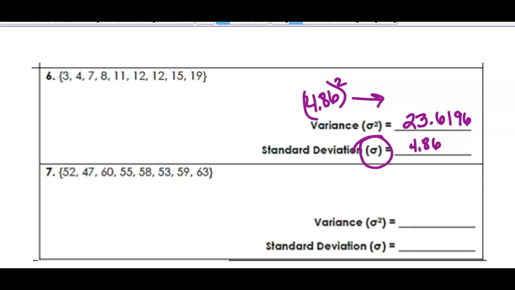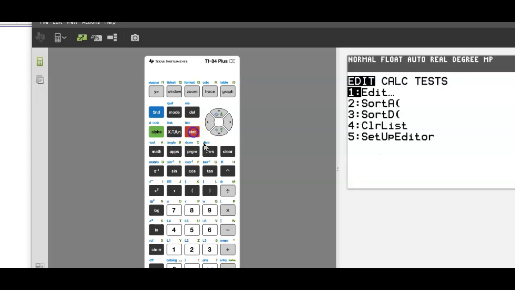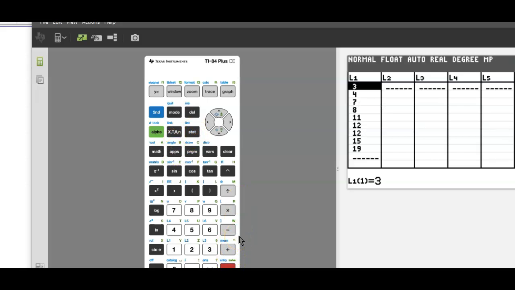All right, I guess I can do this other one real quick. It's stat, enter to go to the list, up arrow, clear, enter to clear them out.